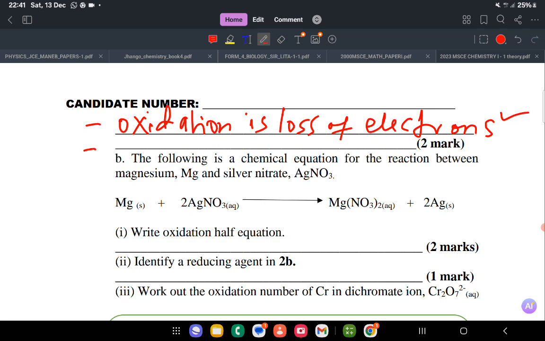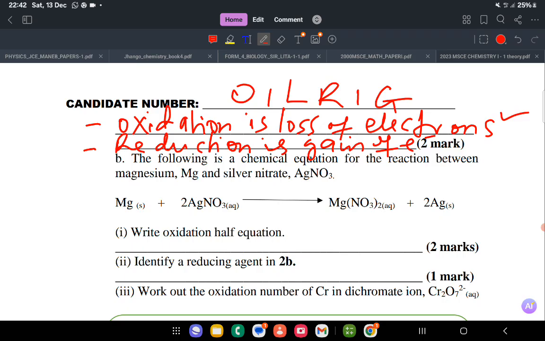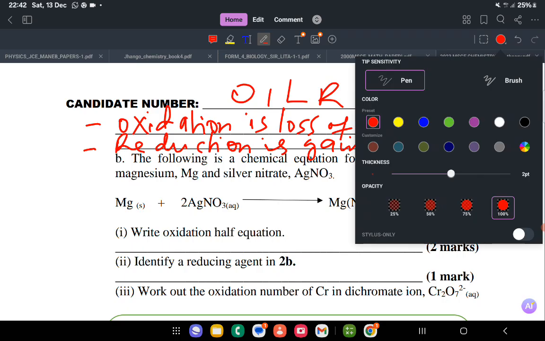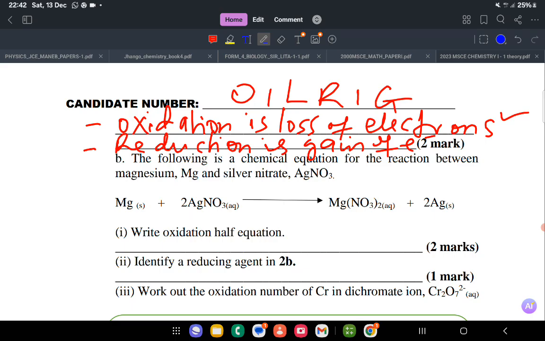Oxidation is loss of electrons, while reduction is gain of electrons. You say OIL RIG. Using OIL RIG, oxidation is loss, reduction is gain, in terms of electron transfer.